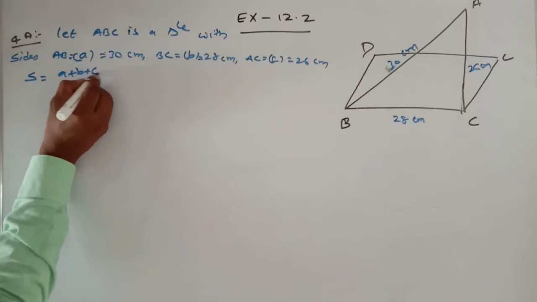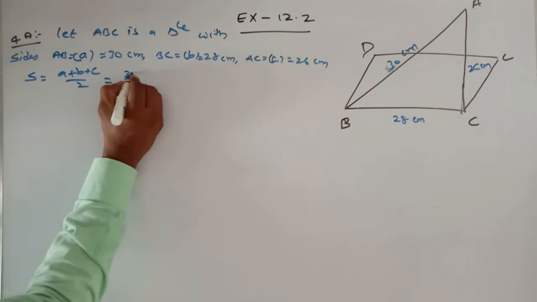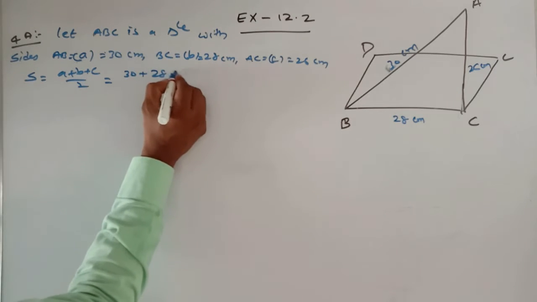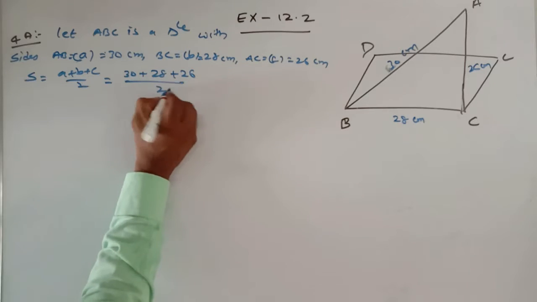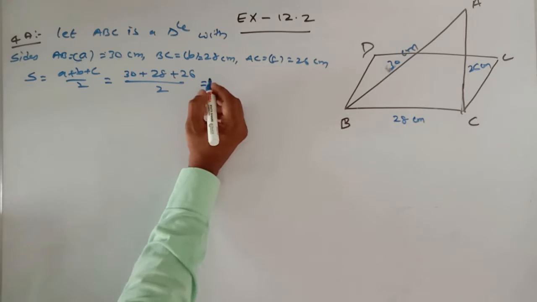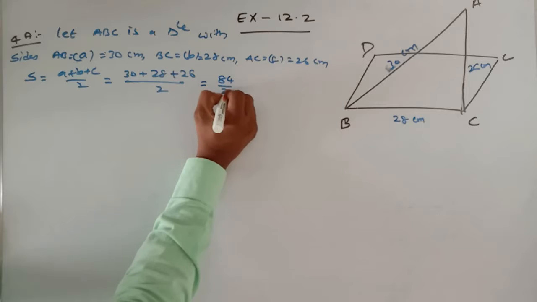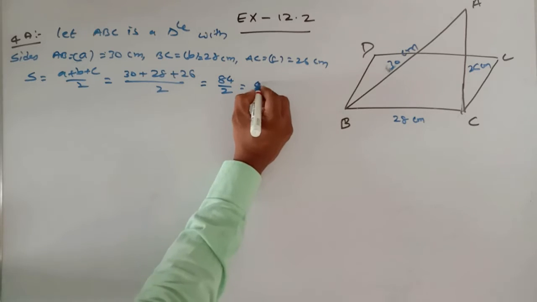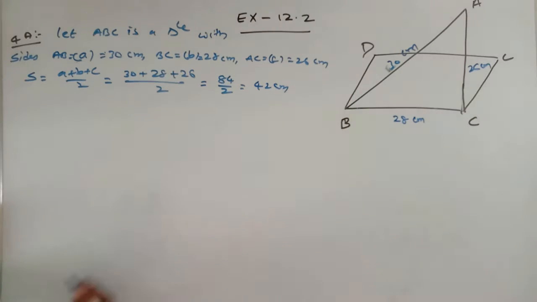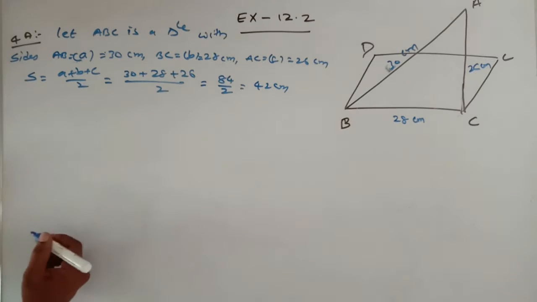Semi-perimeter S is equal to (a plus b plus c) by 2, that is 30 plus 28 plus 26 by 2, which is 84 by 2, equal to 42 centimeters. The semi-perimeter of the triangle is 42 centimeters.